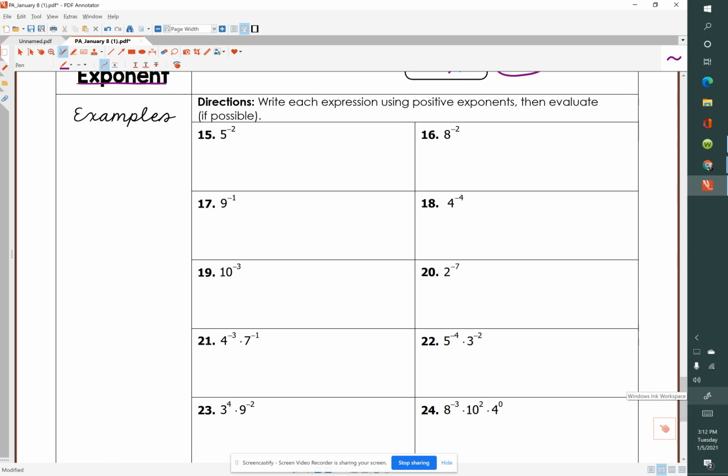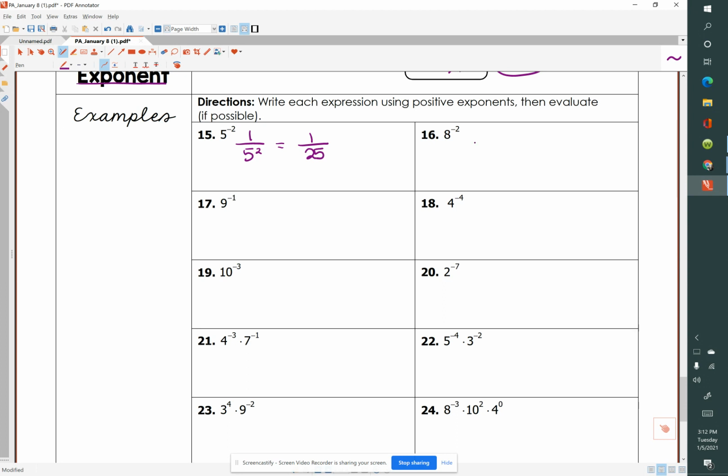So 5 to the negative 2 power is the same as 5 squared, or 5 to the second power, written as a denominator under 1, and that would equal 1 over 5 times 5, which is 25.